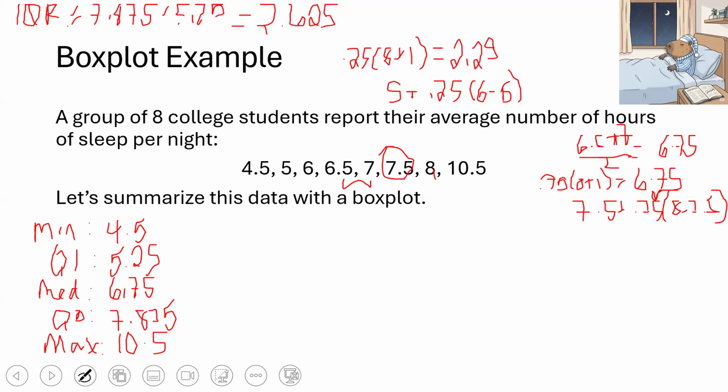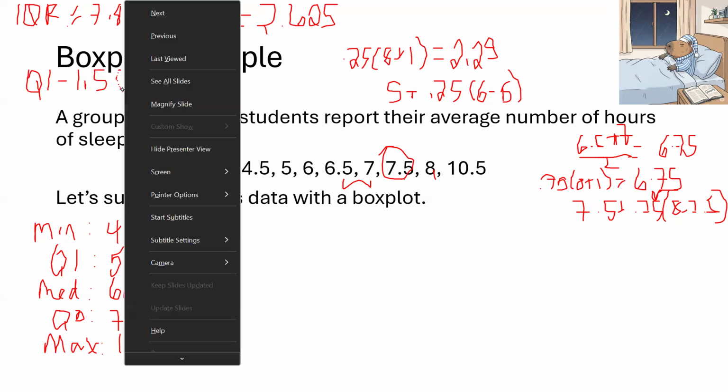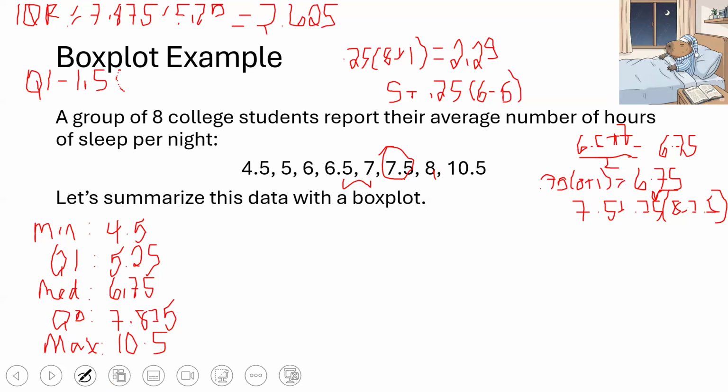All right, so Q1 minus 1.5 times the IQR, and my IQR is 2.625, is going to be 5.25 minus 1.5 times 2.625.